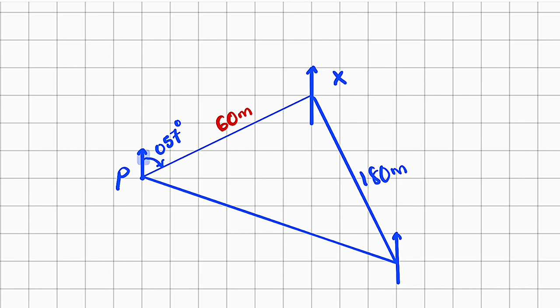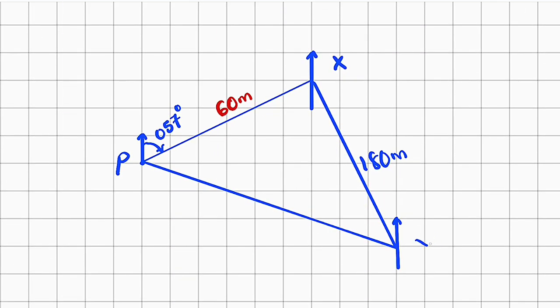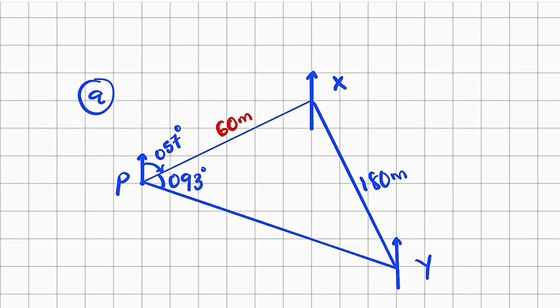So from this north pole down to this line heading to Y is 150 degrees. This is point Y. We already have 57, so what should this one be? This will be 93 degrees, definitely, because if you add this together, you're going to get 150.